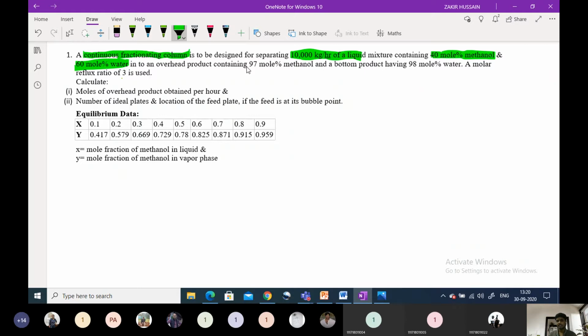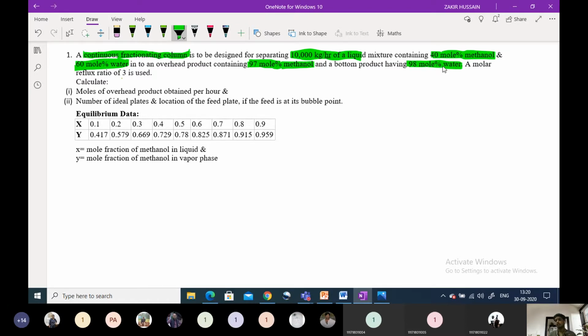Into an overhead product containing 97 percentage. Overhead product means top product, distillate. So XD is equal to 0.97, since this is methanol. And the bottom product has 98 mole percentage water. Remember, this is not equal to XW because the 98 percentage given is water.